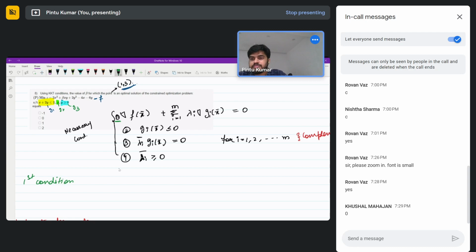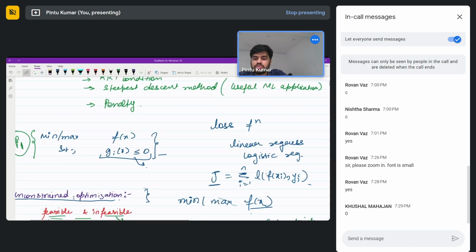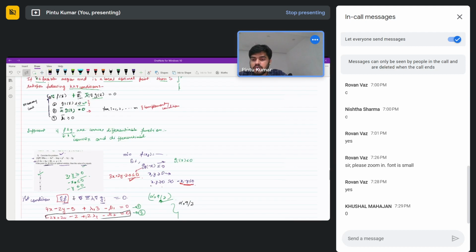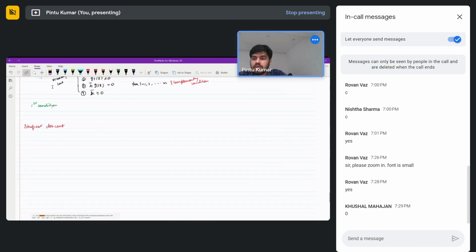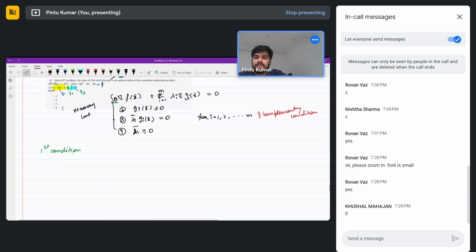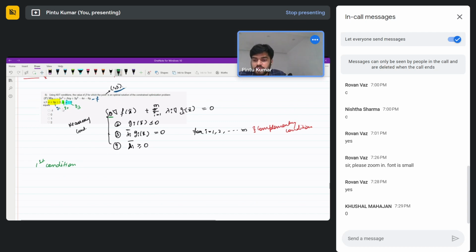We will have 4x plus beta times y minus 4. Okay, so this is from the first part.